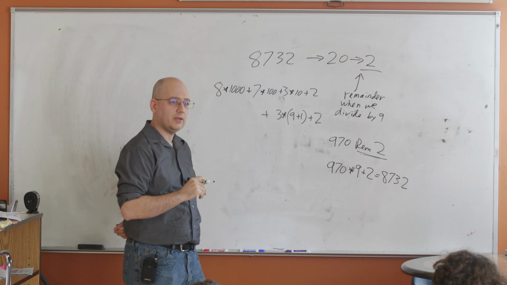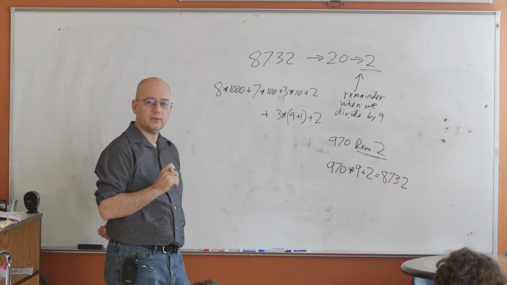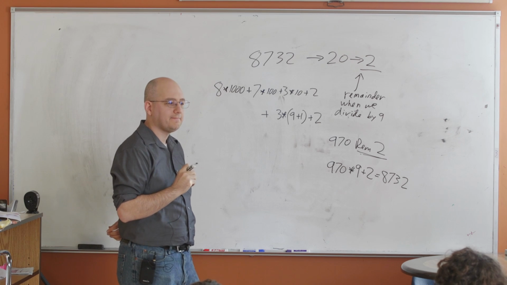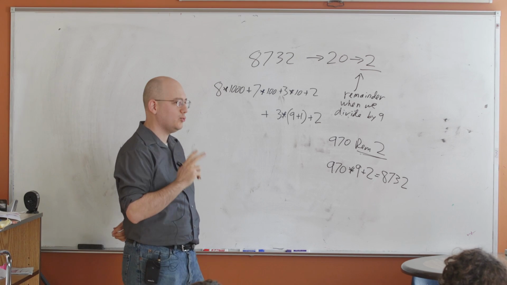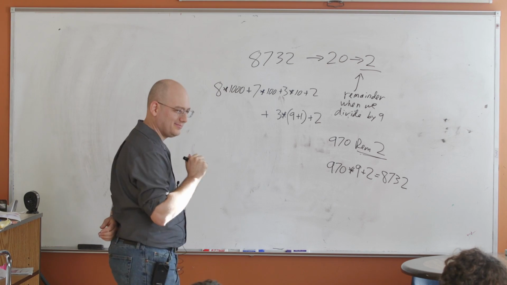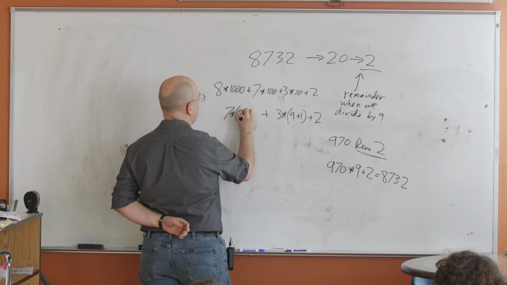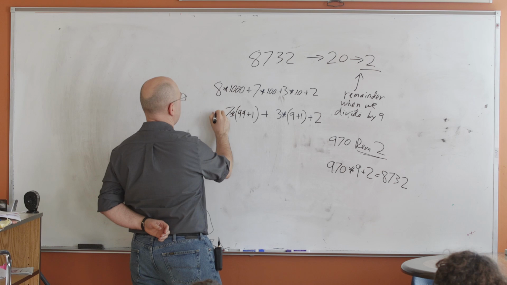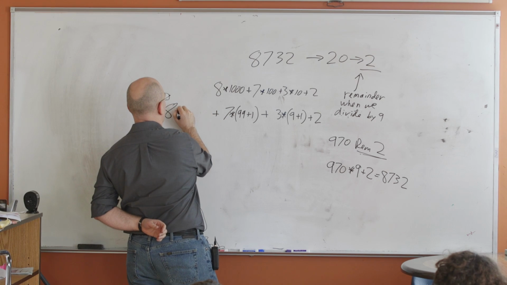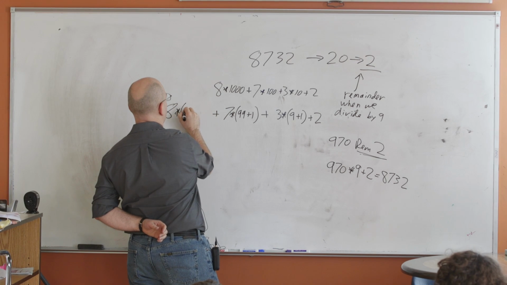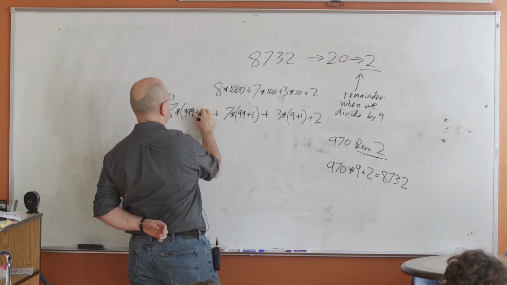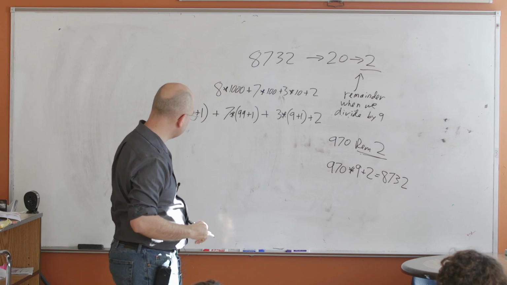Is there something relating to 9 that's very close to 100? Maybe something with 2 9s? 99. So 7 times 99 plus 1, and 8 times 999 plus 1.